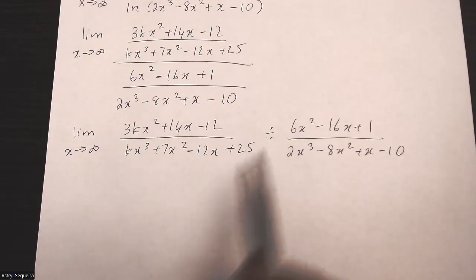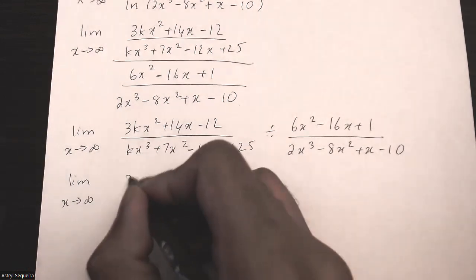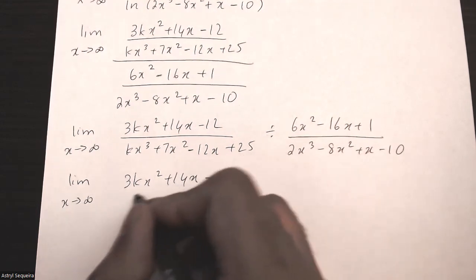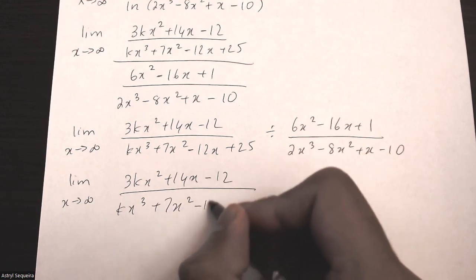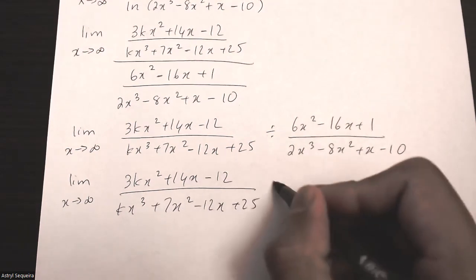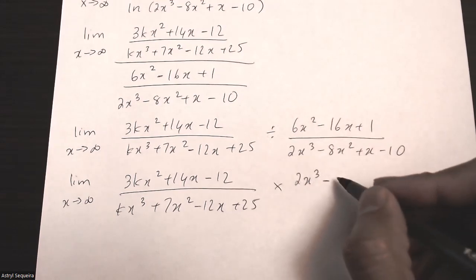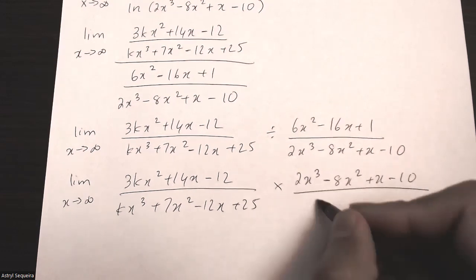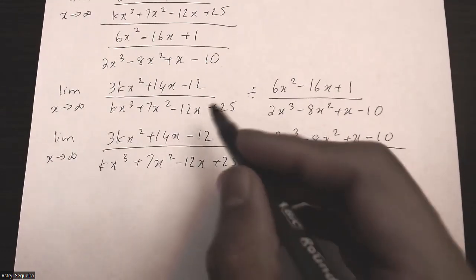Then I want to flip the divide into a multiply. So I'll flip this fraction upside down. And then I want to multiply out these.